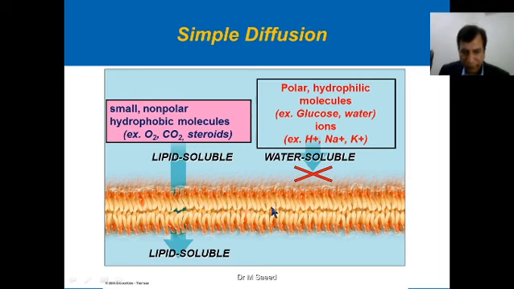The center of the plasma membrane, this is the plasma membrane, which is a lipid bilayer. At the two extremes, inside and outside, these are the hydrophilic portion. The center of the lipid bilayer, that is hydrophobic.